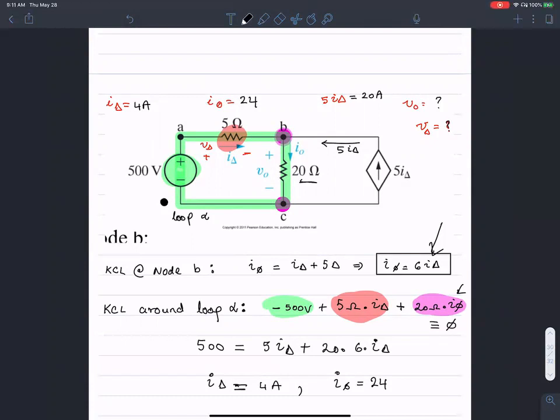Okay. Let's see if we can solve one more problem. And that's problem 2.35. I'm just trying to find the problem.